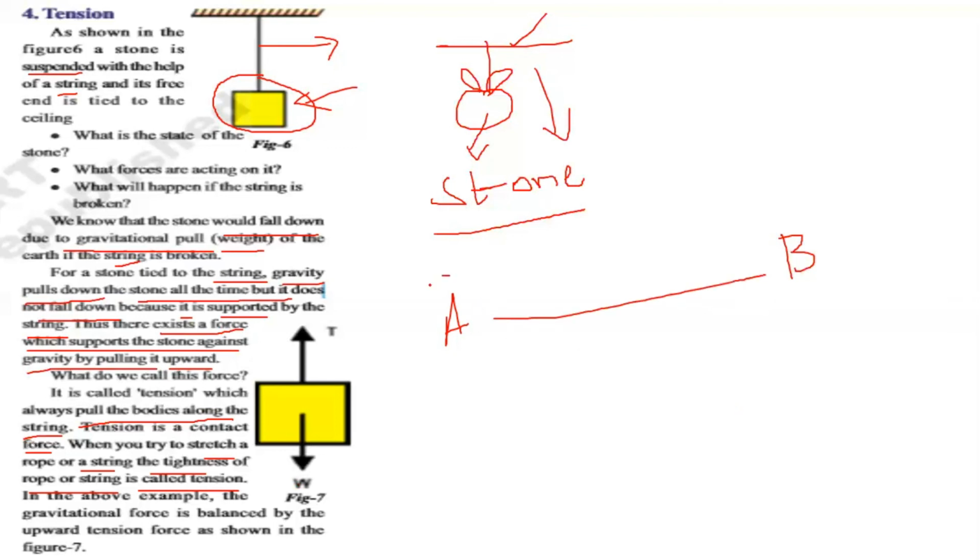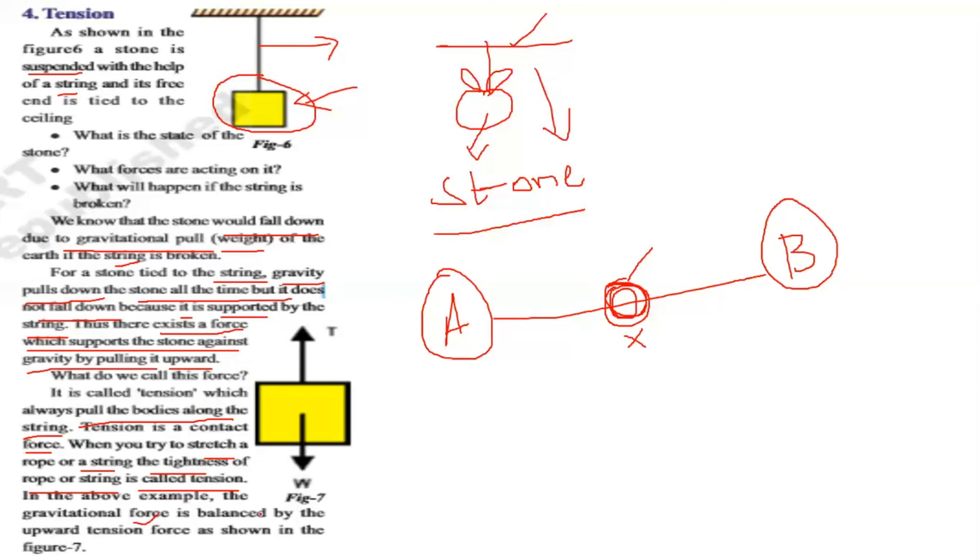If A pulls this thread and B also pulls this thread, what happens? Tension will be applied at this point, because this point tightens the thread.